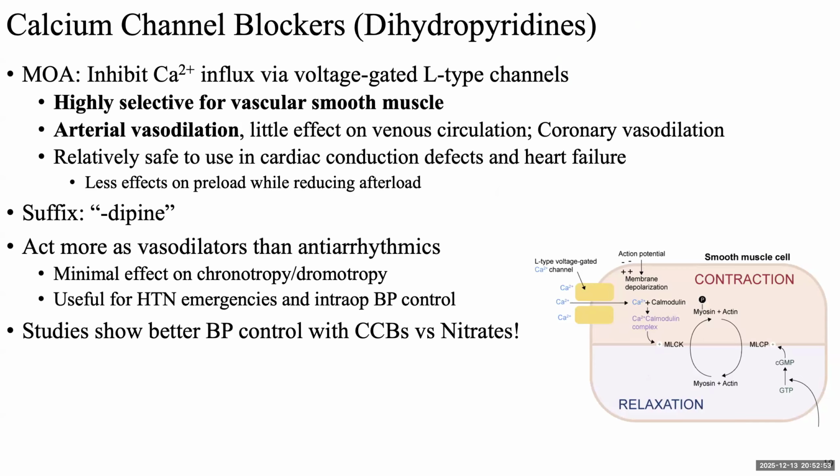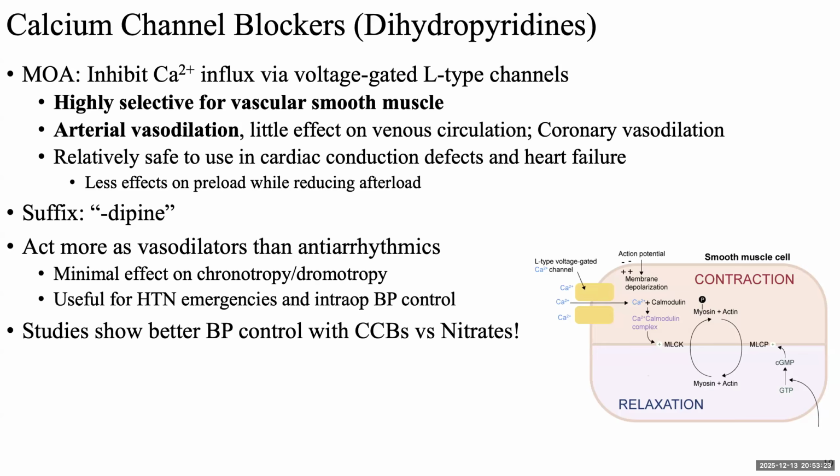Our calcium channel blockers, this particular class that we're focusing on are called the dihydropyridines. All right, so their mechanism of action is that they inhibit calcium influx via the voltage-gated L-type channels. So remember, this is that first step in smooth muscle cell contraction, right?